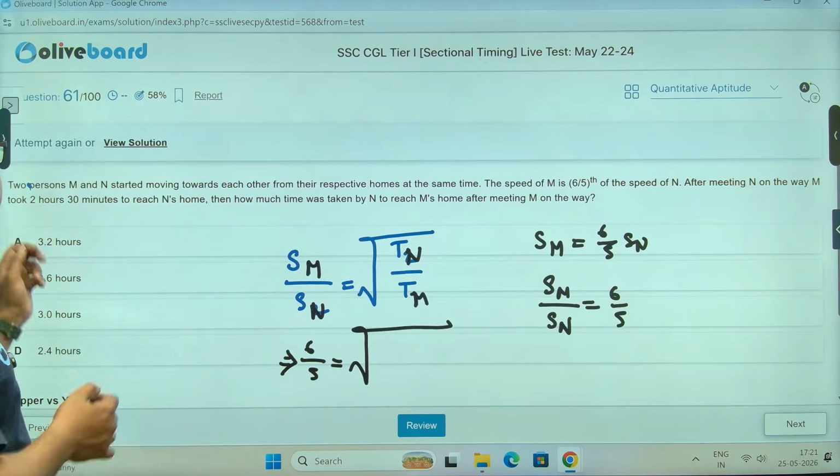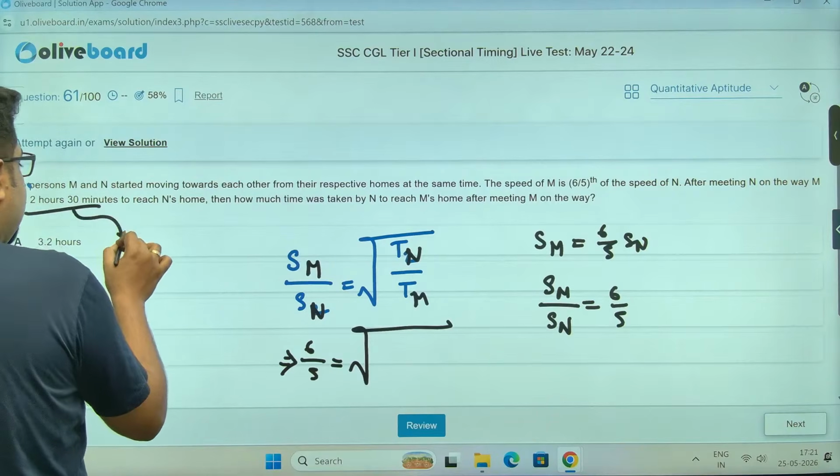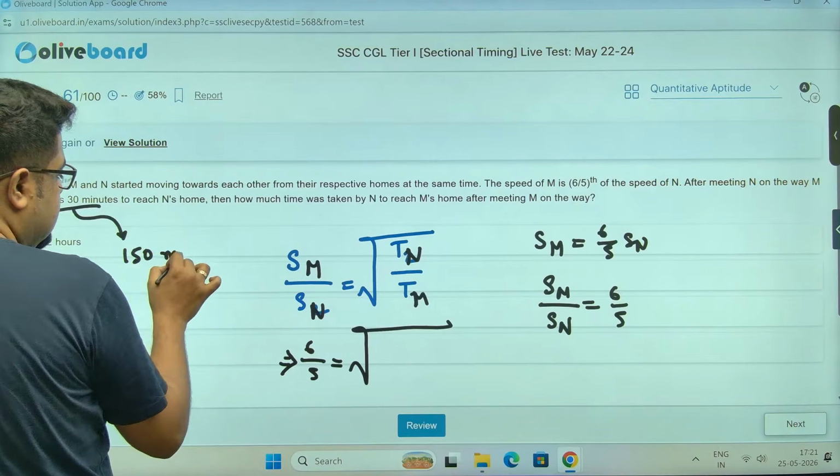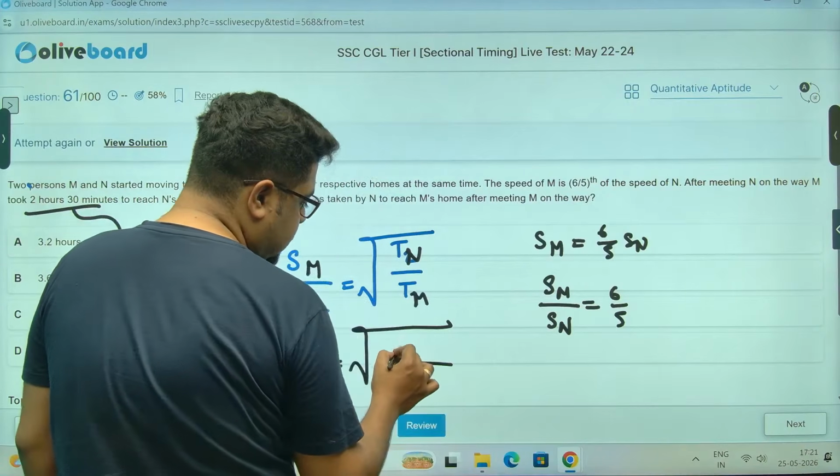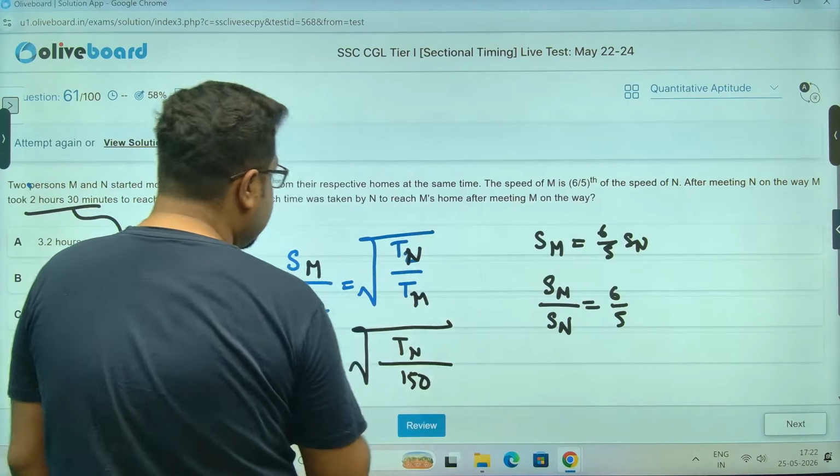M took this much time, 150 minutes. So M took 150 minutes. So N took how much? I don't know; I need to figure that out.